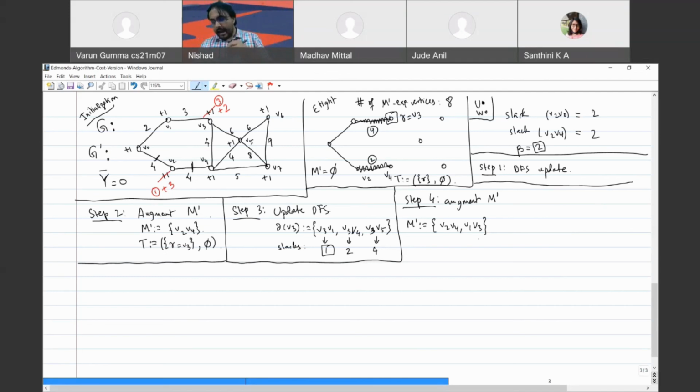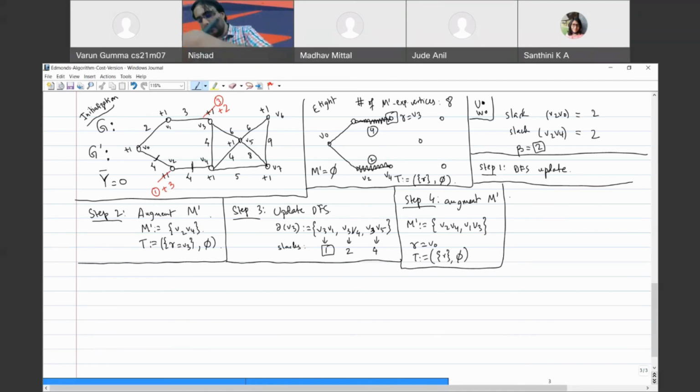And at this point, I'm going to change the root, and the root is going to be made this vertex v0. And the new root is v0, and the new tree is a single vertex and no edges. And now the tight graph has a bunch of edges. It has 4 edges in particular.